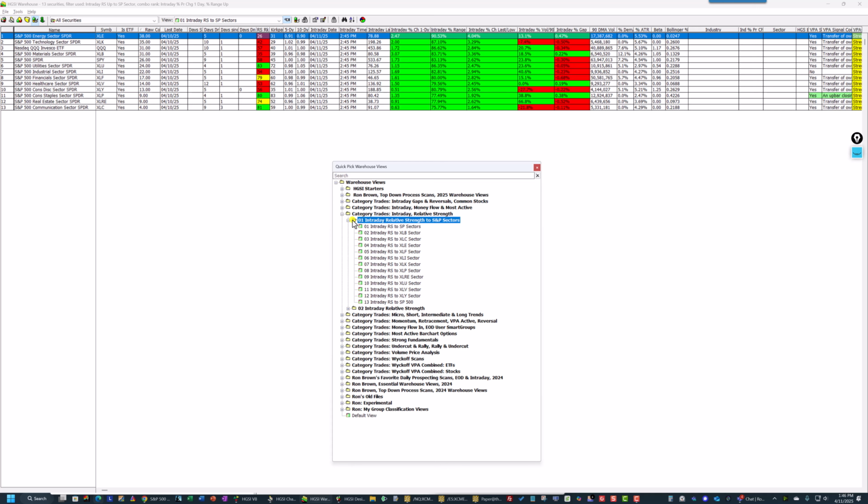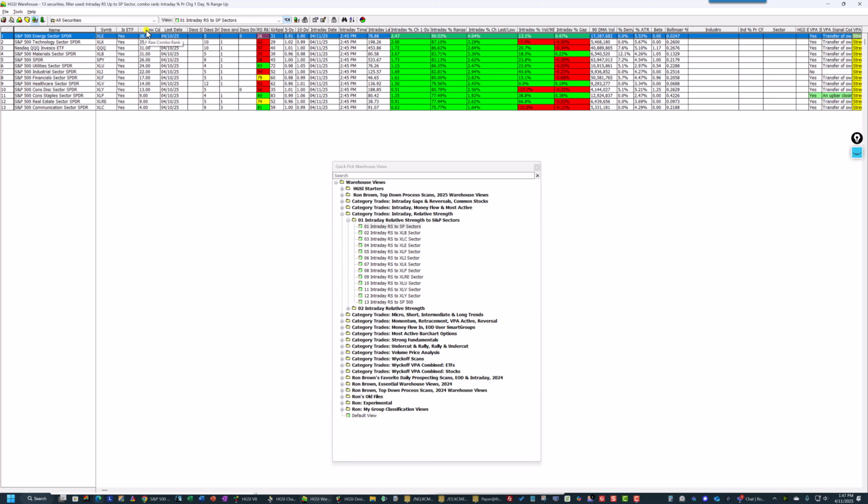What is intraday relative strength? Well, the way I've got this set up, with my market analysis folders, I have a folder here that says intraday relative strength to S&P sectors, and 01. When I click on that, you have to make sure you're in all securities here, because the filter directs it to the correct directory in the market analysis files.